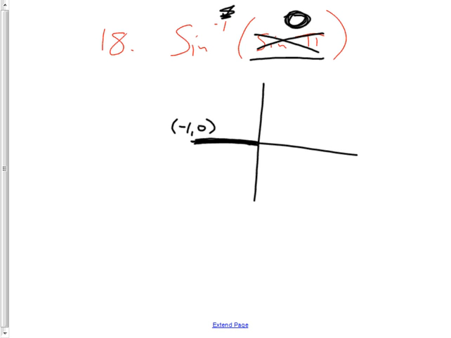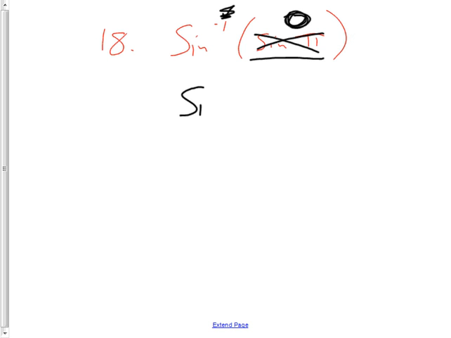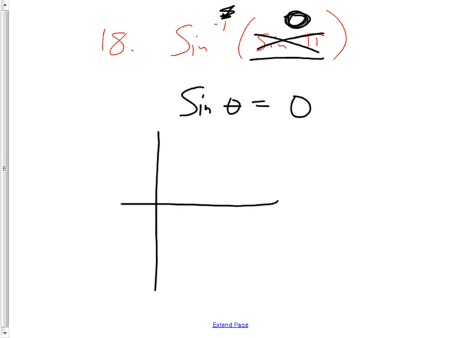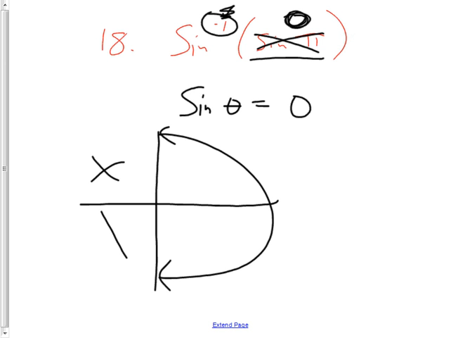Now it's a whole new question. Now I can look at the outside and say, what is inverse sine of 0? That means sine of something equals 0. I rewrote it. Is that possible? Now I am on the outside, and now I do have the restrictions, so inverse sine is only allowed here to here, so I'm crossing off this and this, and sine is equal to 0. That looks like one of those where I can't draw a triangle with a side of 0, right?